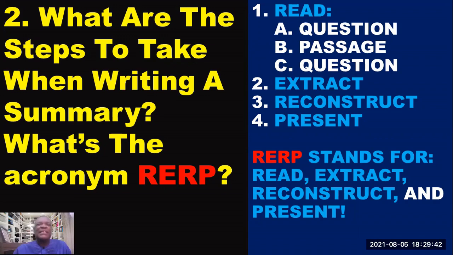That is step E. Step R is to read. Step E is to extract. I will explain these steps one by one. Then the third step, which is step R, is to reconstruct. Step 4, which is step P, is to present. So you can see that REP, which is a technique, an acronym that stands for read, extract, reconstruct, and present.